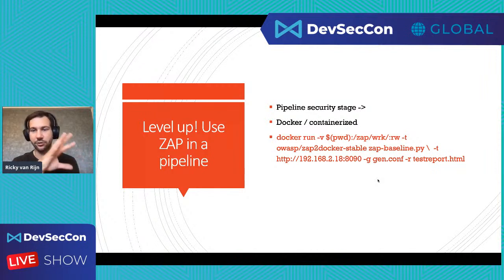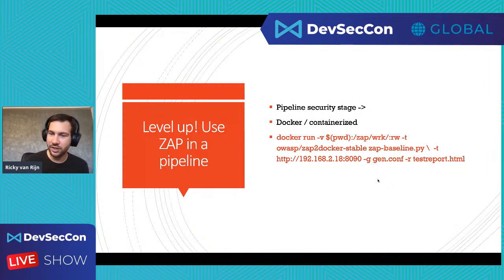I'm linking it to the inside container map, and then again I'm using the ZAP Docker stable image, and I like to use the stable image because it's frankly stable enough. And from there on, I'm using the baseline scan.